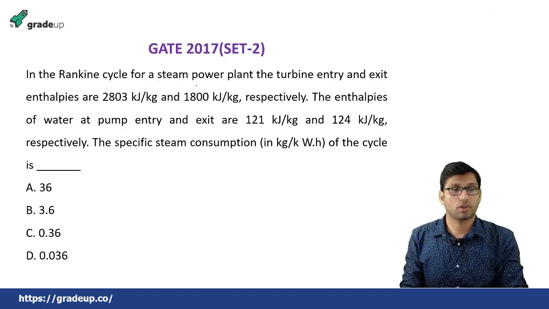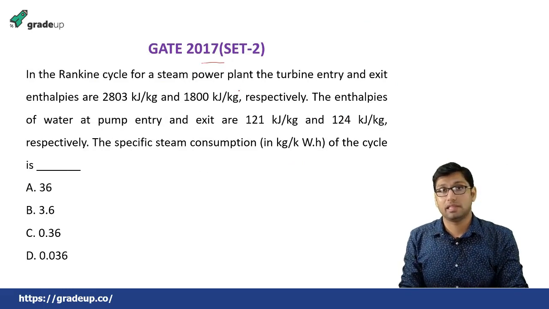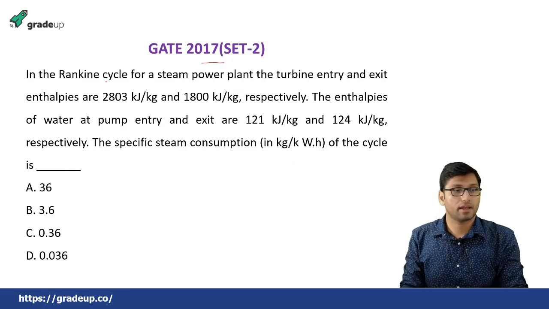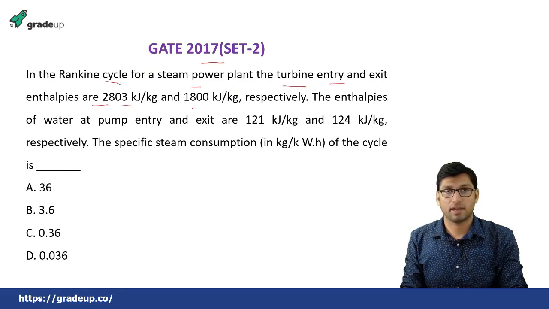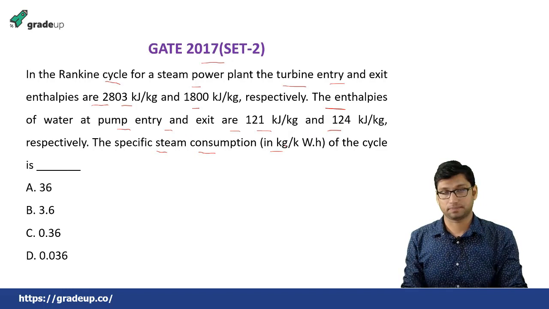Next question is from GATE 2017 set 2. In this question it is given that in a Rankine cycle for a steam power plant, the turbine entry and exit enthalpy are 2803 and 1800. The enthalpy of water at the pump entry and exit are 121 and 124. You have to find the specific steam consumption.